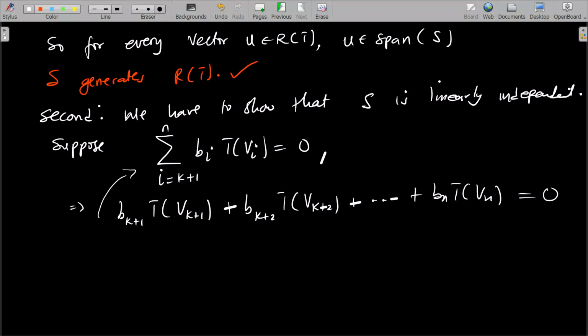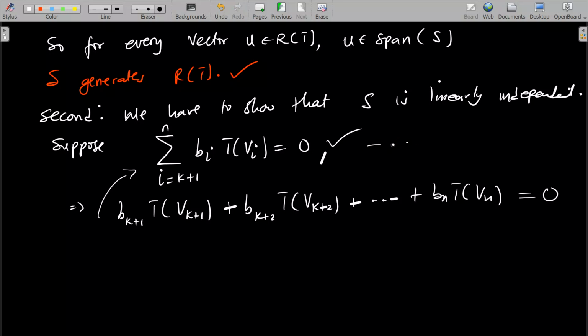So for me to be sure that this is linearly independent, all these b_{k+1}, b_{k+2}, all the way to b_n should be zeros. So suppose this is the case. Now I'm going to use this compact form because you can use it straight away.